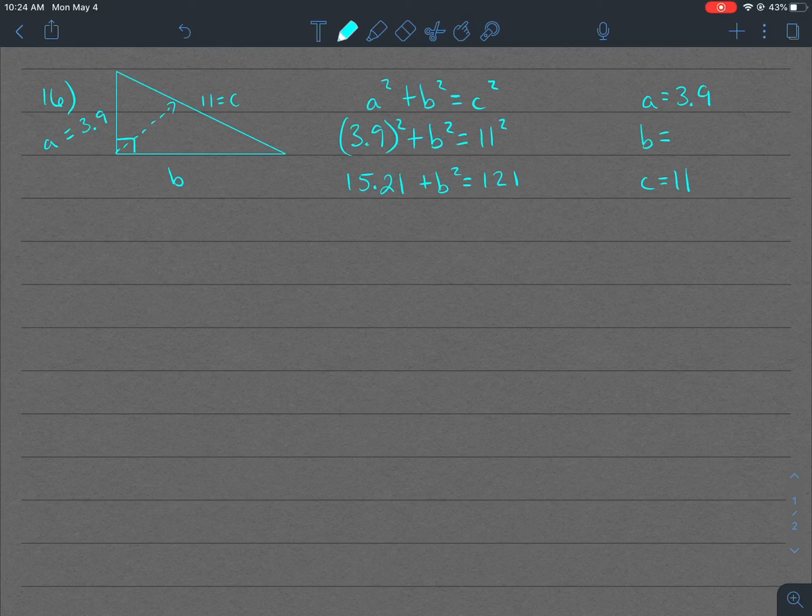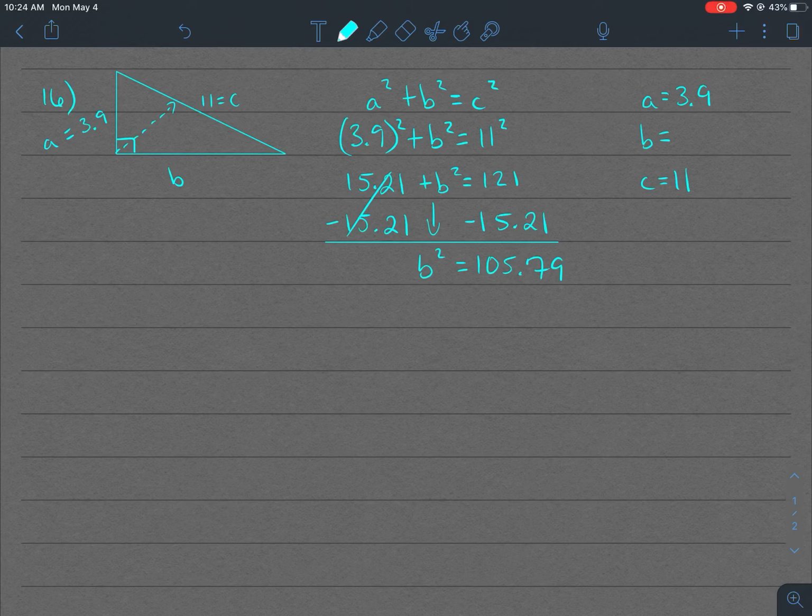Now, just like the other problem, you have to get b squared by itself before you can take the square root. So you have to subtract 15.21 from both sides. Okay, that cancels that out. And if you subtract 15.21 from 121, you're going to get 105.79. And your b squared comes down.